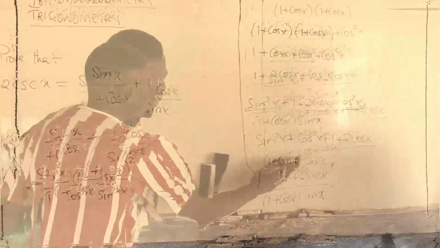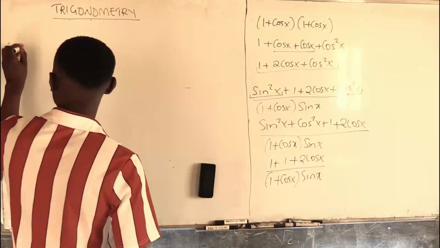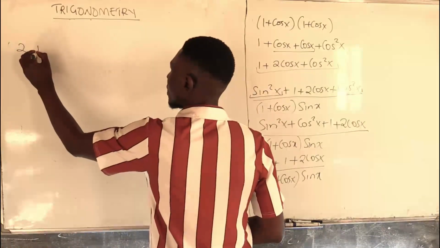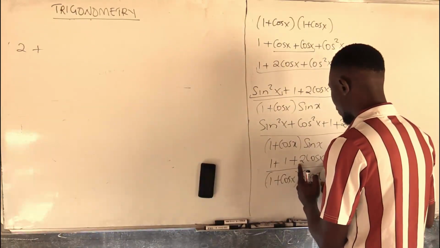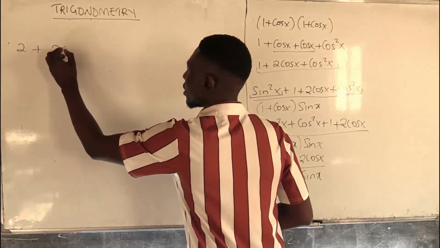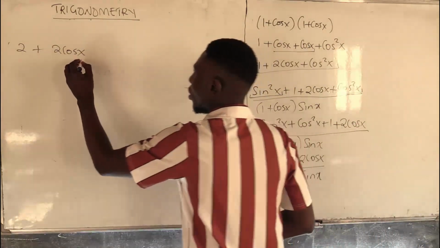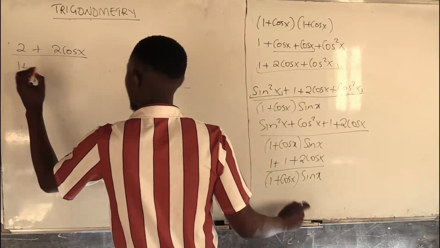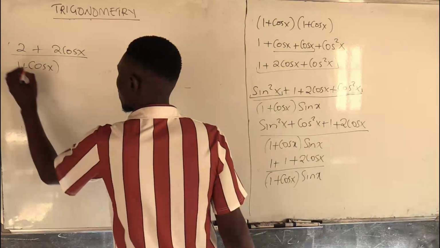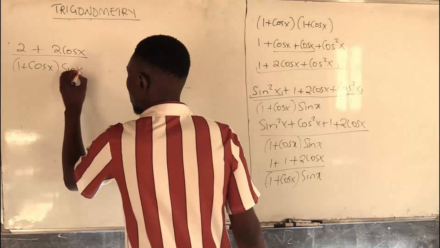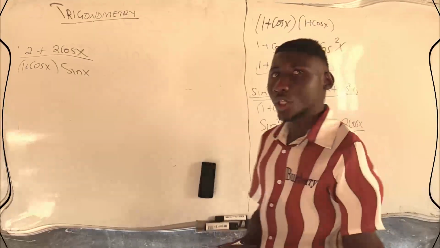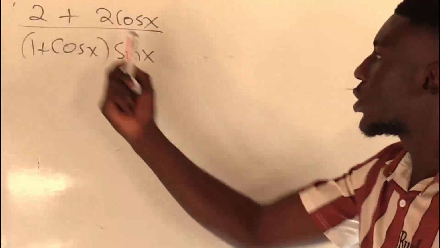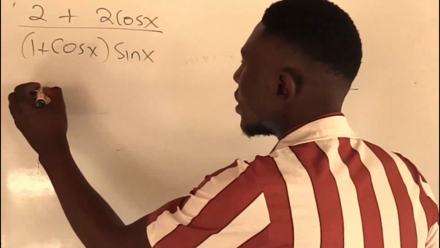Add the 1 plus 1 gives us 2, plus the other part which we have, which is 2 cos x, over our denominator, which is 1 plus cos x multiplied with sin x. On the numerator, 2 is common, so it will be factorized.